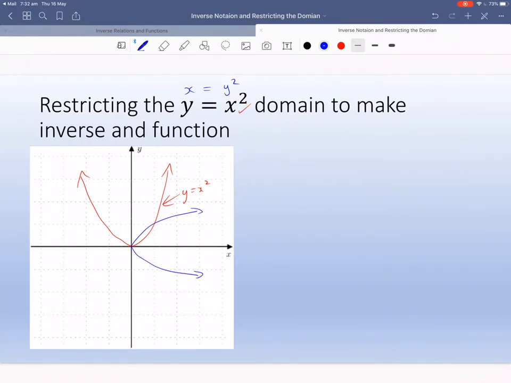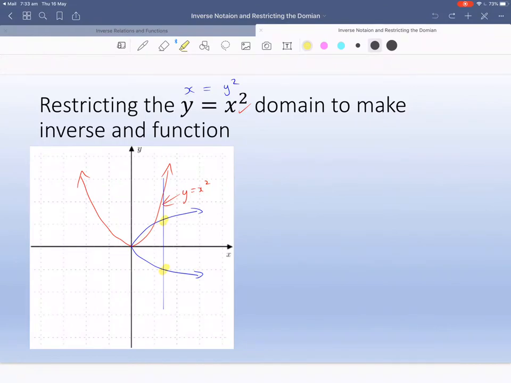Now there's one problem with this: it fails the vertical line test. If I do a vertical line test, it crosses here and here. So the inverse, this graph here, is not a function.